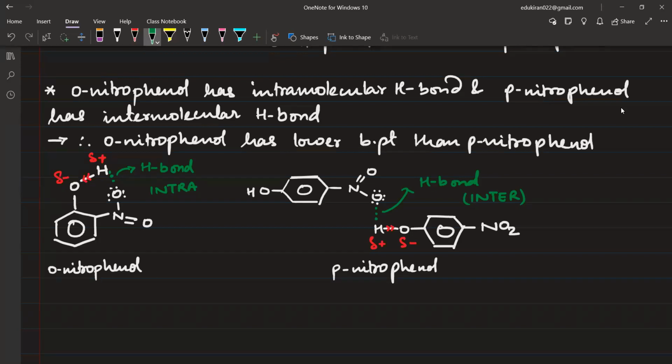One more question they can ask is which is more volatile. So O-nitrophenol has lower boiling point. That is why it will be more volatile. Next point: as a liquid, O-nitrophenol is more volatile than P-nitrophenol.